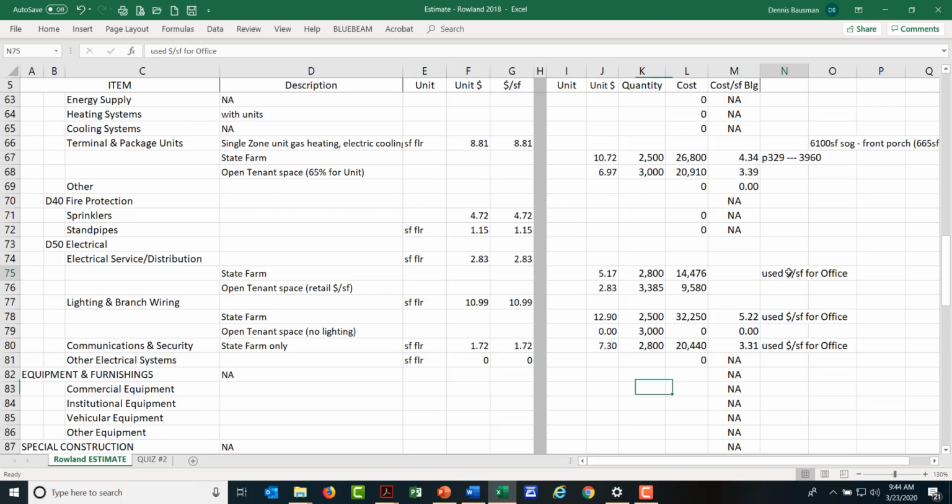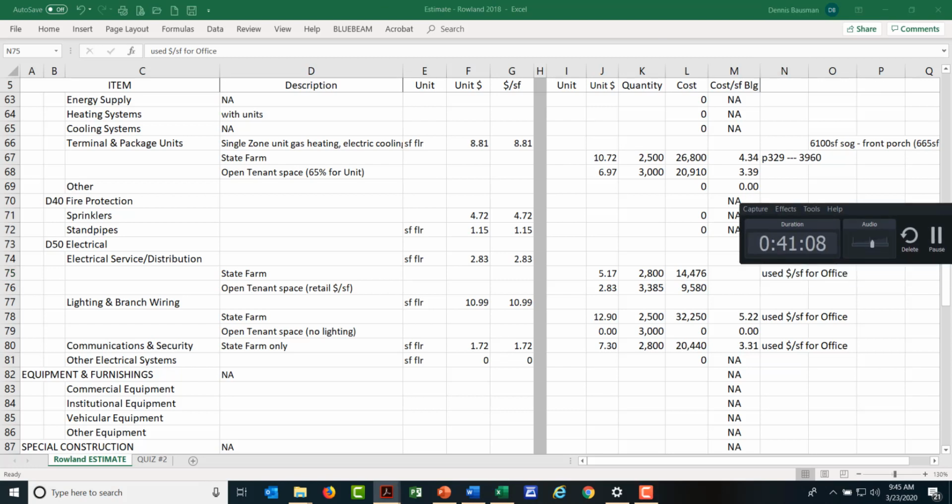And what you're seeing here, this note here, use square foot for office. You remember that first office we looked at that was $70 a foot or whatever it was? I went back to that template and said, wait a minute. The cost per square foot for electrical is probably closer to this office template, the one that wasn't retail. Again, remember it was, if I can find it for you. Let's see here.